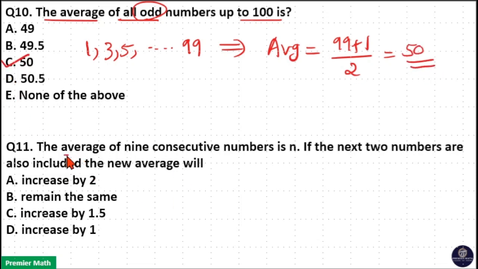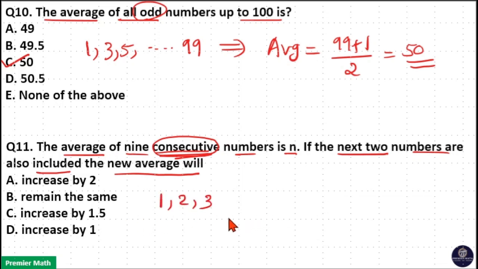Next is average of 9 consecutive numbers is n. If the next two numbers are also included, then new average will be. Here it is mentioned that numbers are consecutive numbers, which means numbers are in AP, that is arithmetic progression. Now if I take 1, 2, 3 as an example, here there are 3 numbers.